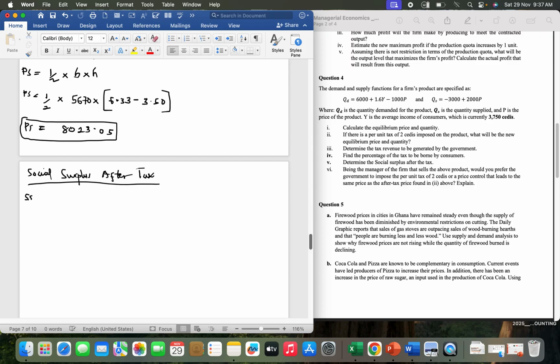So social surplus after tax is the consumer surplus plus producer surplus plus the tax revenue.